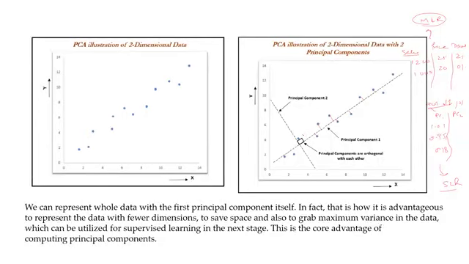And similarly, there would be one additional axis, which will capture the rest of the information. And the good part with these principal components is that you are seeing they are perpendicular, so we call them orthogonal.